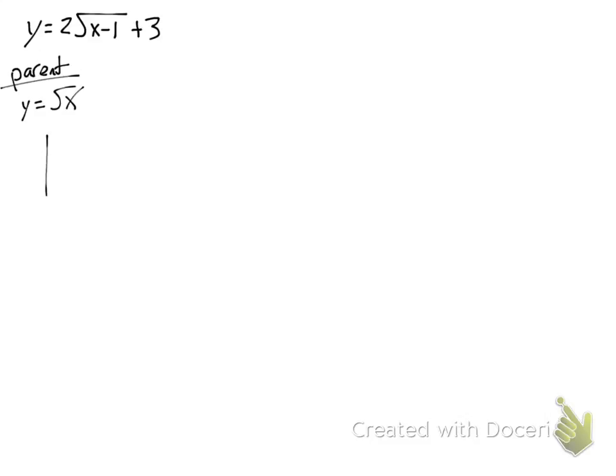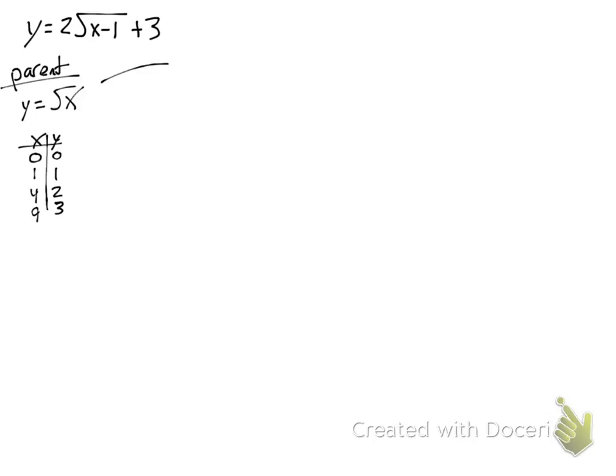And since it's a square root graph, I am going to make a t-chart with what in it? Perfect squares. 0, 1, 4, and 9, which ends up being 0, 1, 2, and 3. Not going to change. Never.